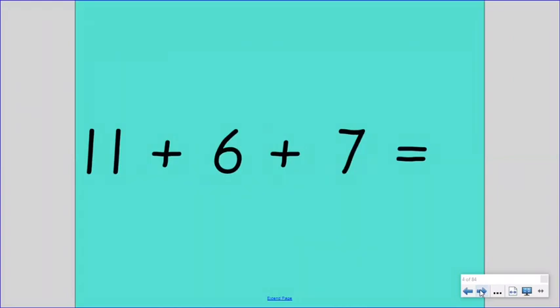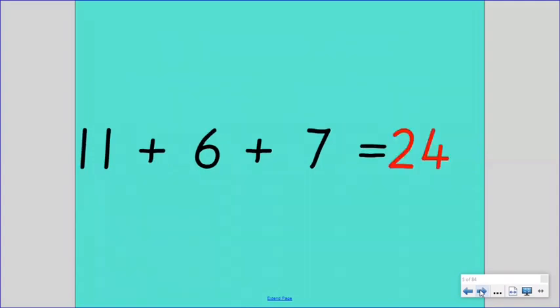11 plus 6 plus 7. Ready? Okay, here's your answer. 24. So we start with 11 in our head and we put 6 on our fingers and count forwards from 11. 11, 12, 13, 14, 15, 16, 17.